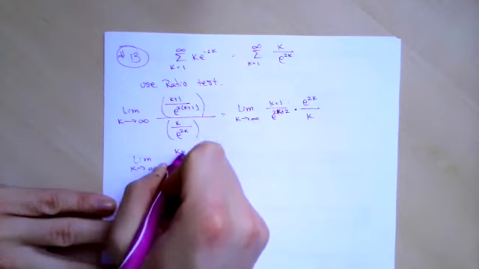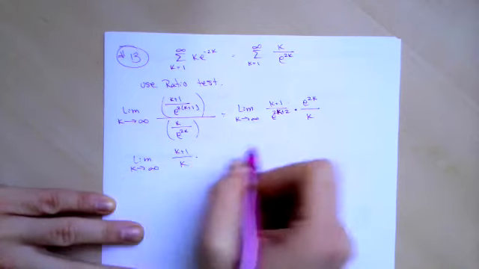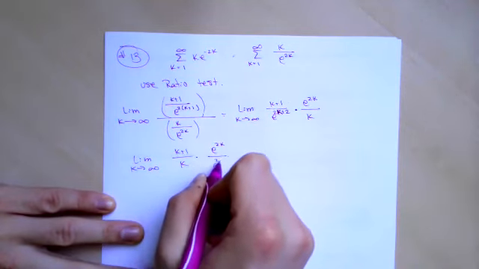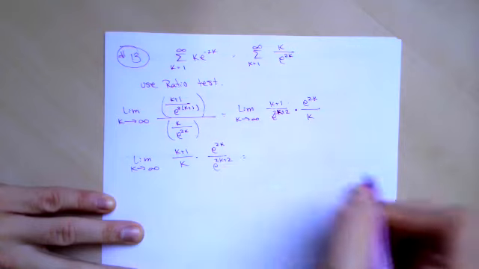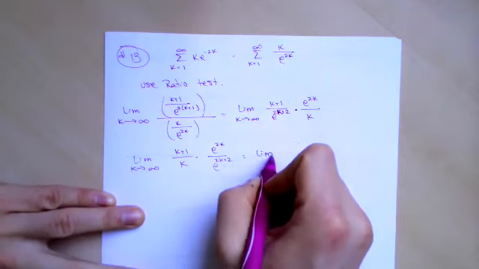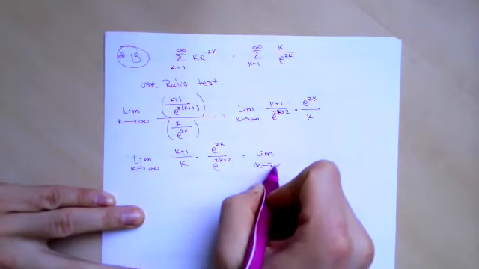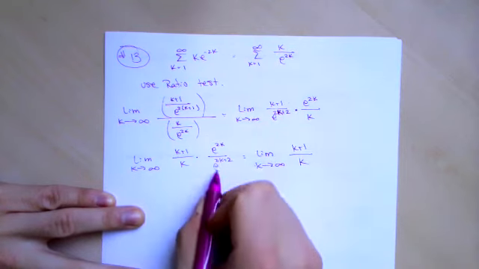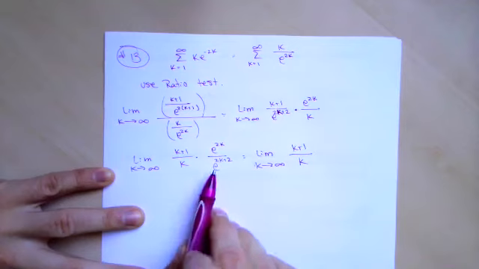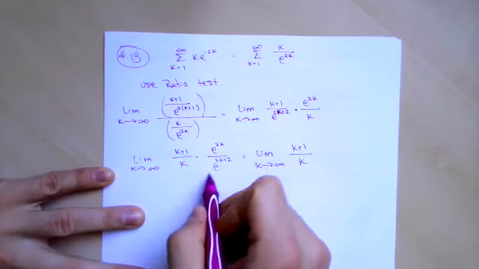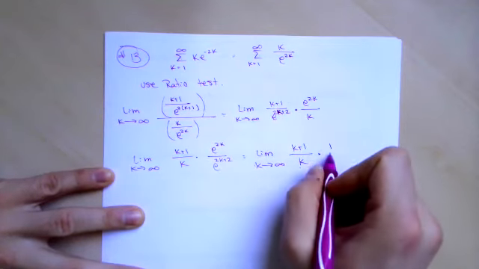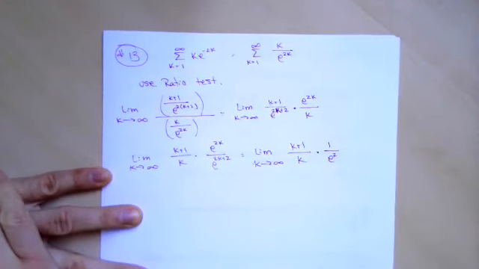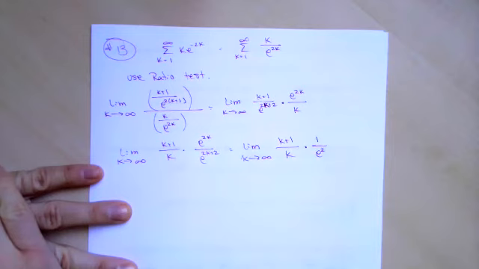So we'll just have k plus 1 over k times e to the 2k over e to the 2k plus 2. Exponential terms will simplify nicely in ratios. So the e to the 2k's cancel, and we are just left with 2 powers of e in the denominator.